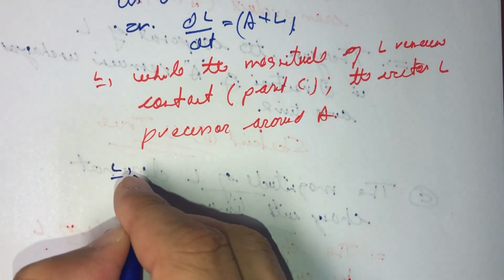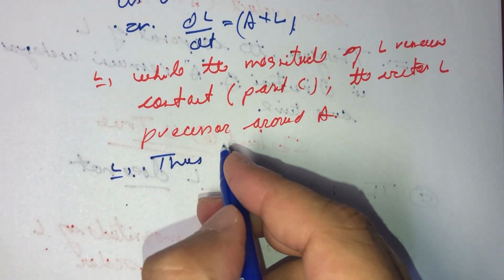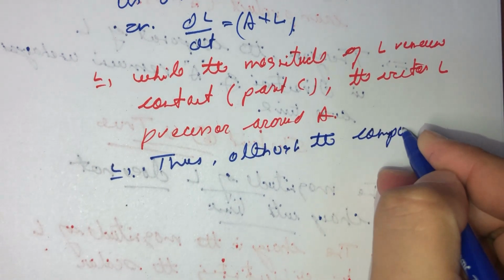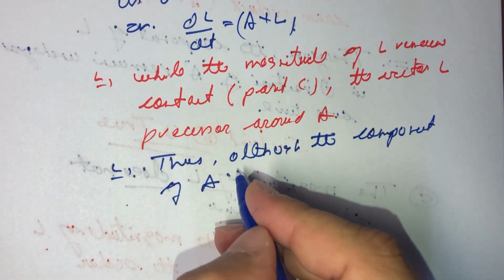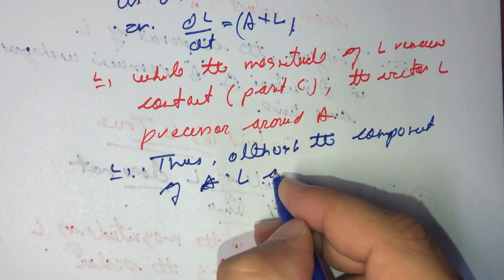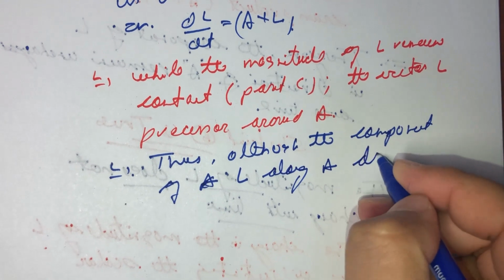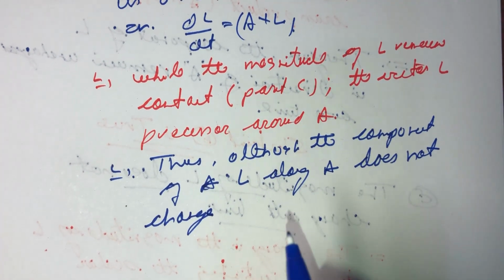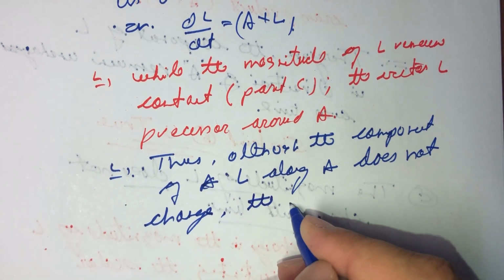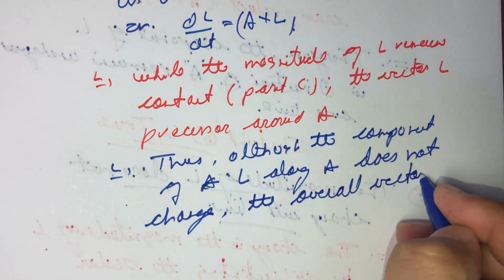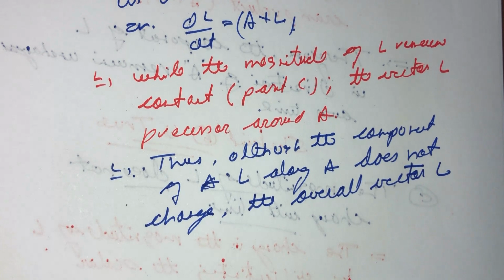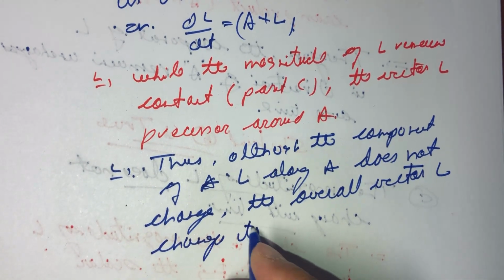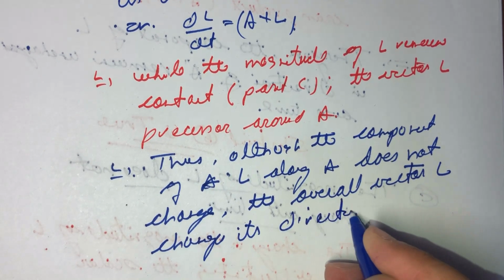Therefore, although the component of L along A does not change, the overall vector L changes its direction continuously.